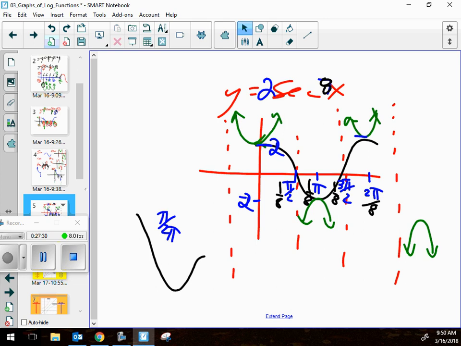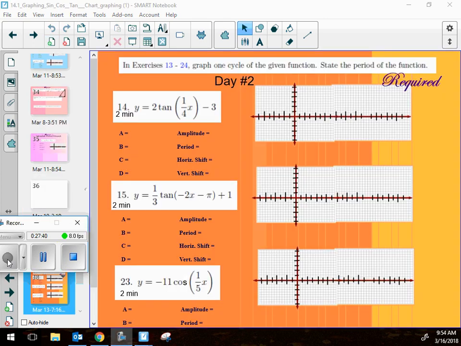All right. Let me give you some homework to chew on. I'm going to pause for a second when we find that. All right, so here's what we have found is a good spot for today's homework. This is from lesson 14.1, day 2. And it's a lot like what we did before, except it does some with tangent.